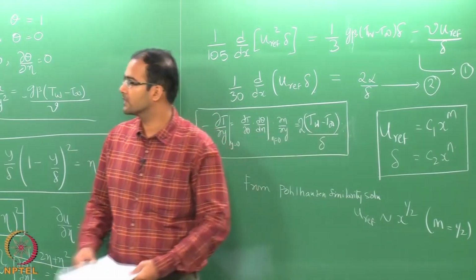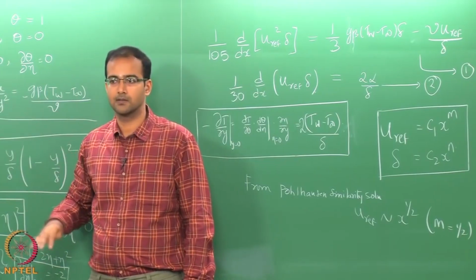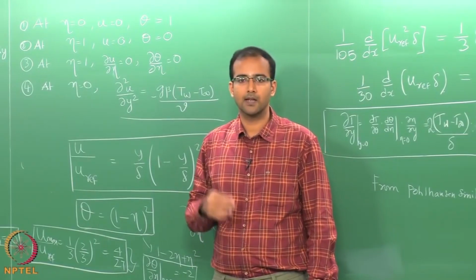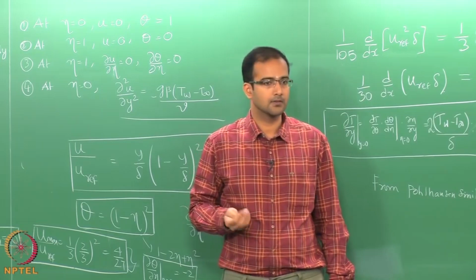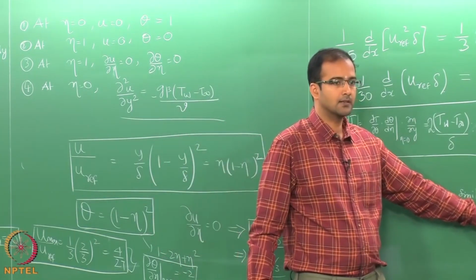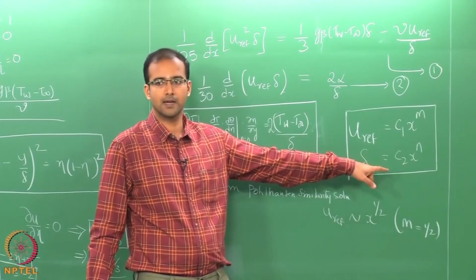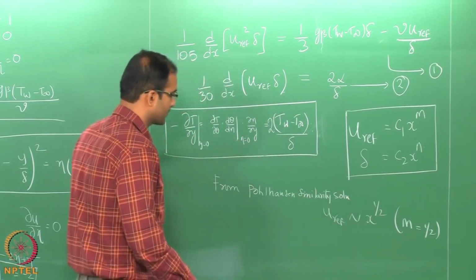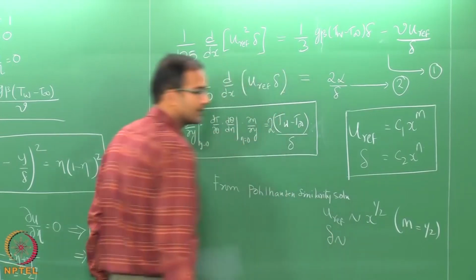Okay. We are doing this independent of whether the similarity solution exists or not. So, whatever we have done in this case, we have not got any input from the similarity solution. Okay. So, this is what we know from similarity solution, and from the approximate solution we should be able to extract the value of m as 1 by 2. And what about n? What is the dependence on x?